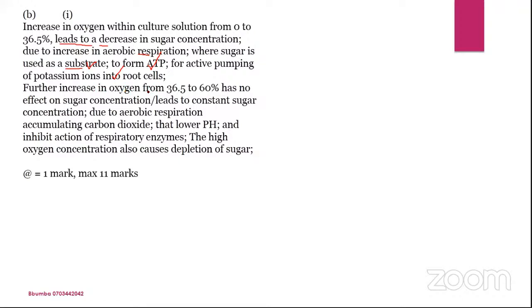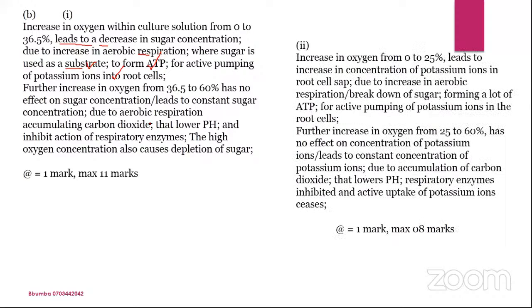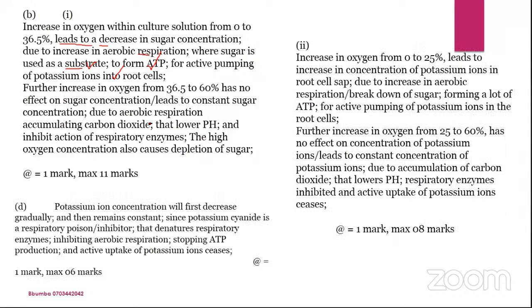Further increase in oxygen concentration from 36.5 to 60% has no effect on sugar concentration. I think this is what we have looked at, and these are the different answers. Because of time, we are looking at about 2 minutes.